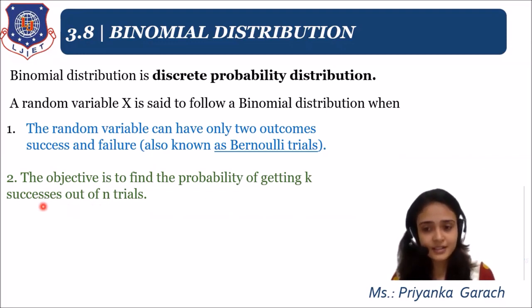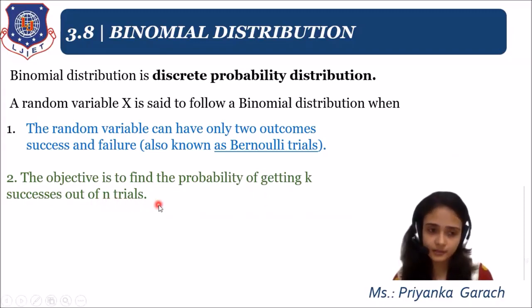So how many successes are there? 4 successes are there out of 10 trials. So the objective of this binomial distribution is to find out the probability of getting k successes out of n trials. It means the probability of getting the head out of the 10 trials of tossing a coin.